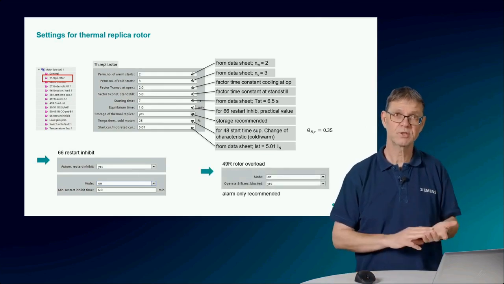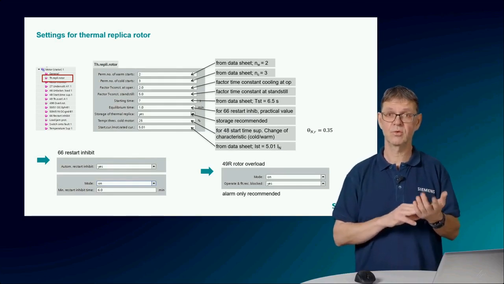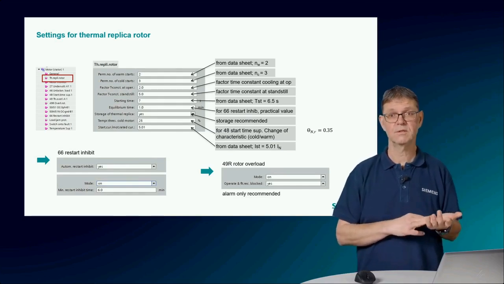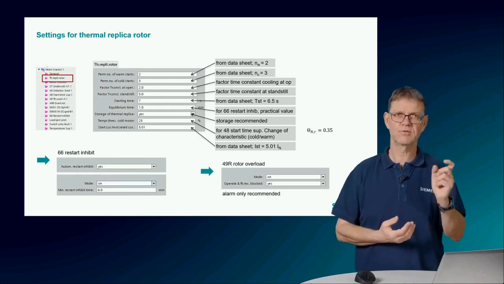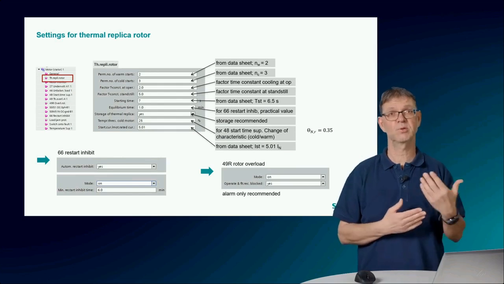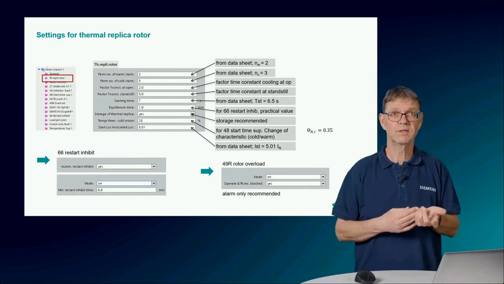The second function that comes from this thermal replica rotor is the so-called rotor overload protection. This is simply an overload protection that gives a tripping command if we reach the 100% value with this calculated temperature for the rotor.